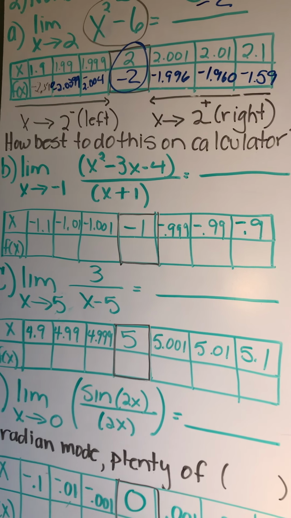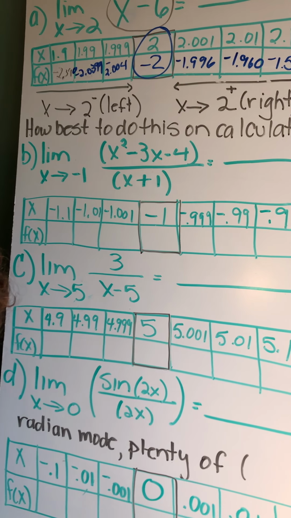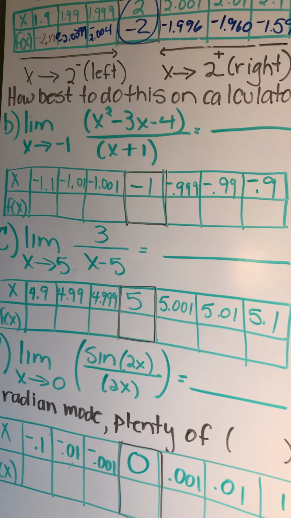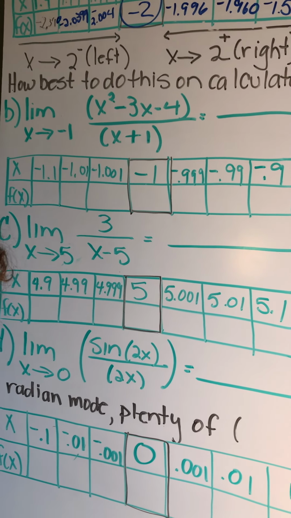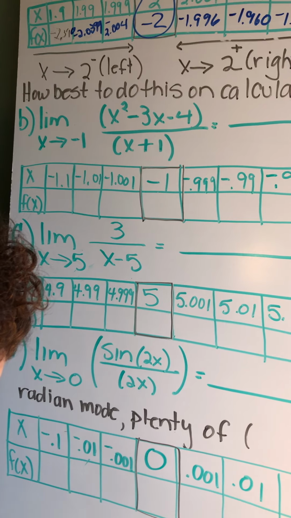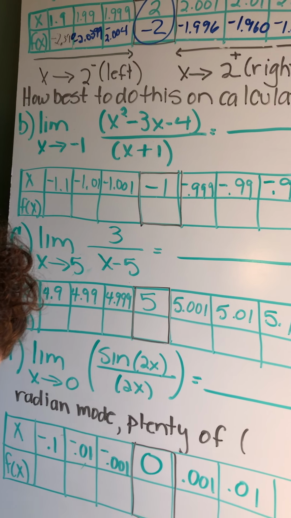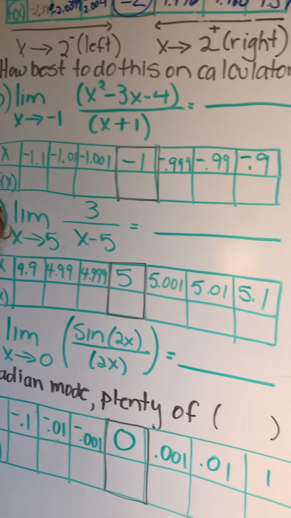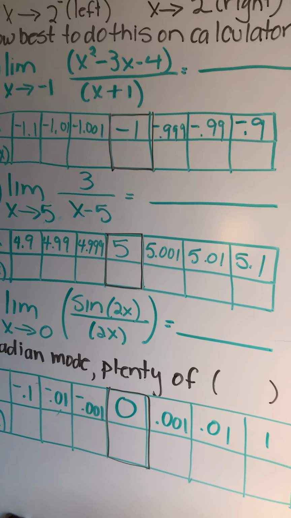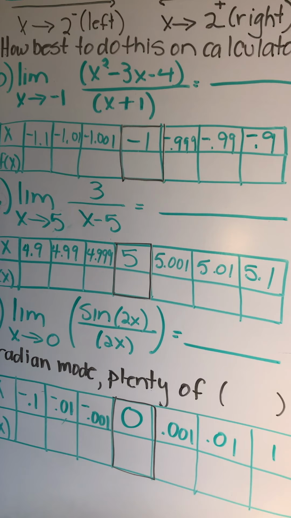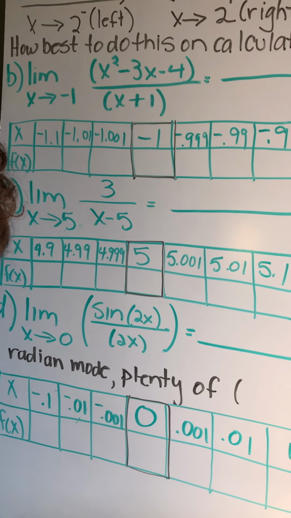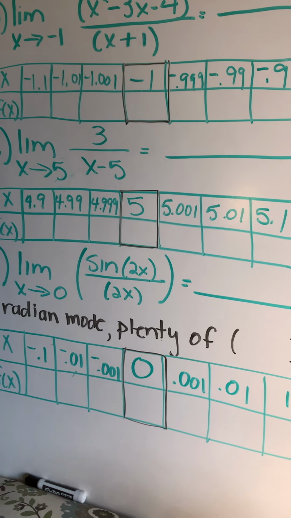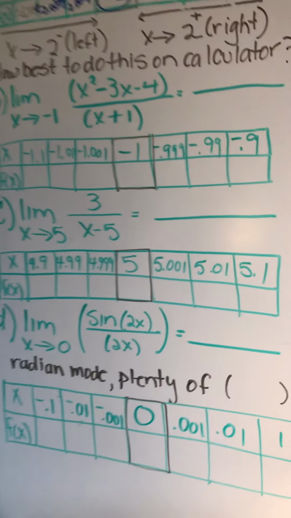That's going to take me just a second to get that right. Okay, x squared minus 3x minus 4, divided by x plus 1. All right, again, a zoom 6, and let's get those values.